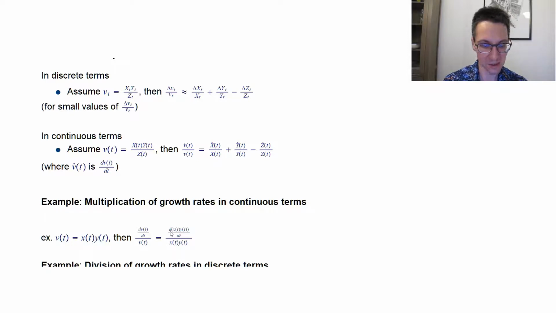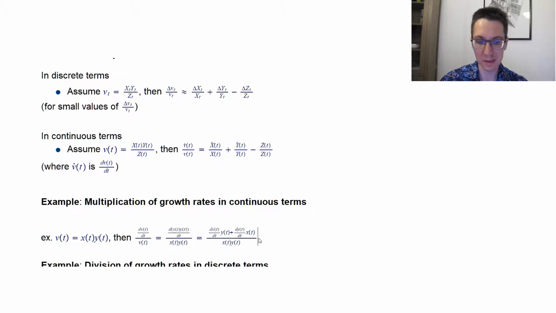And at the numerator, I just have a simple derivative of a product. So it's going to be equal to dx of t/dt times y of t plus dy of t/dt times x of t. And this is divided by the same thing, x of t y of t.